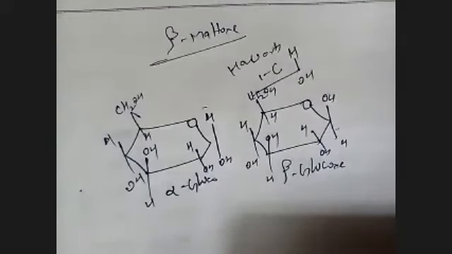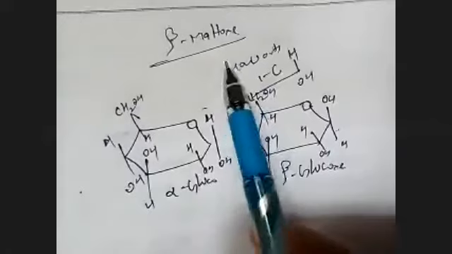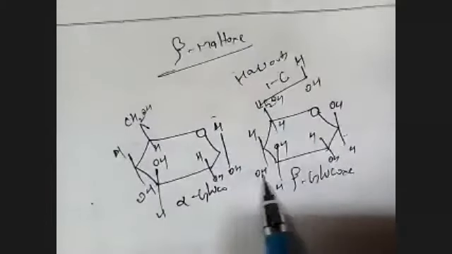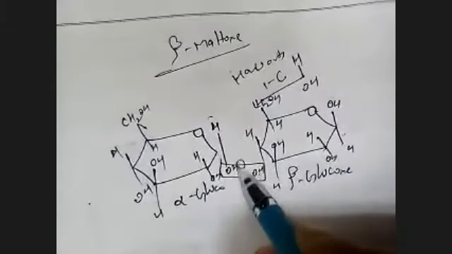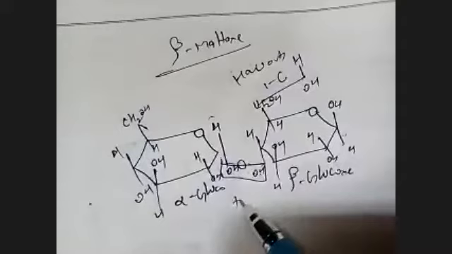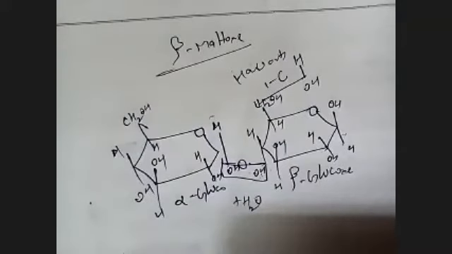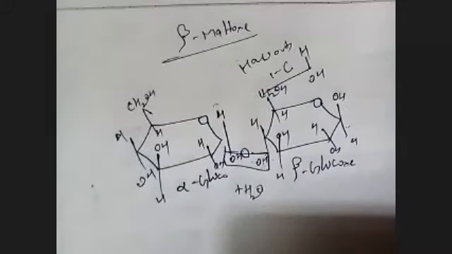Here you should know that we are saying beta maltose, but the bond is not beta; the bond is alpha only. So here also it will become the same thing. Are you getting the point?